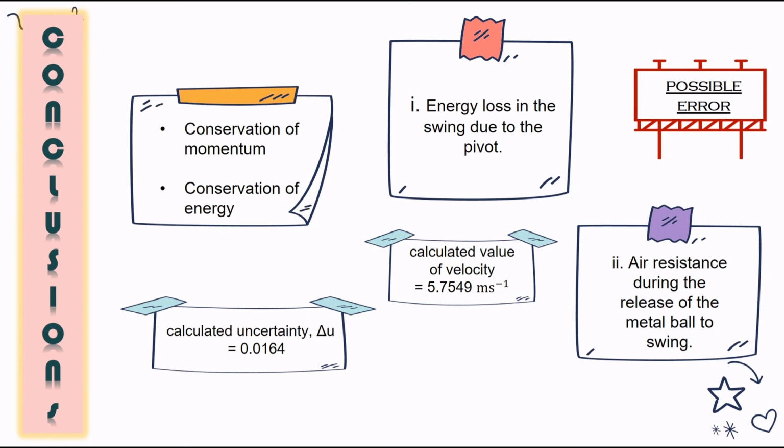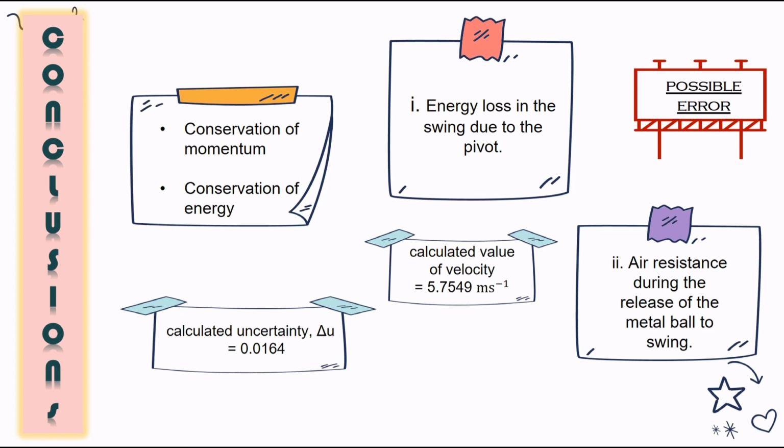From this experiment, what we can conclude is that this experiment supports the conservation of momentum and conservation of energy through the inelastic collision of the ball and the pendulum. We found the velocity of the metal ball, which is 5.7549 m s^-1, which achieves the objective of this experiment, to determine the velocity of a horizontally projected object fired from a spring gun.